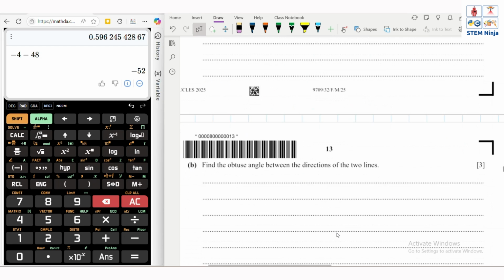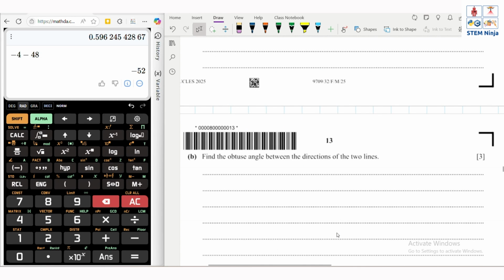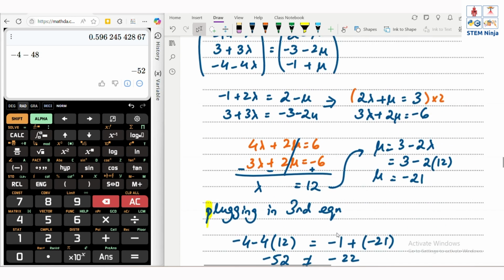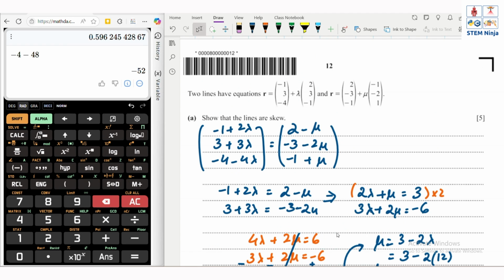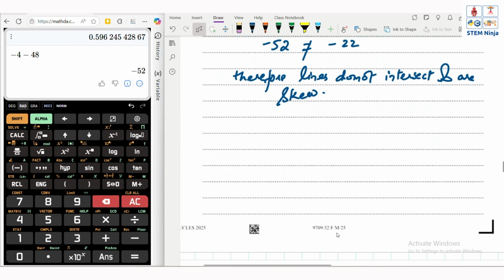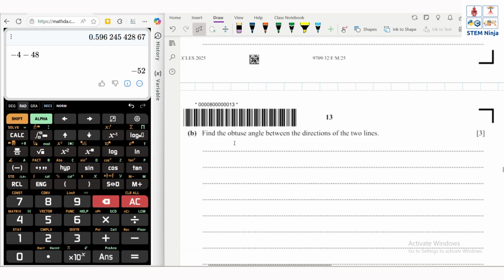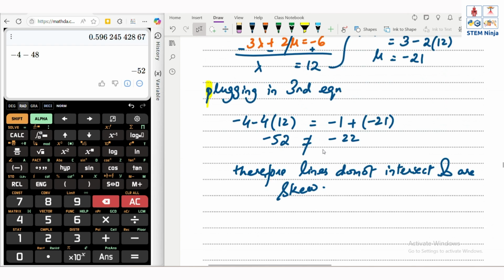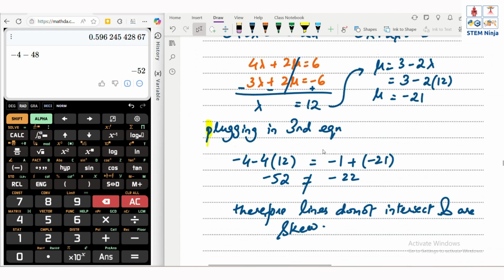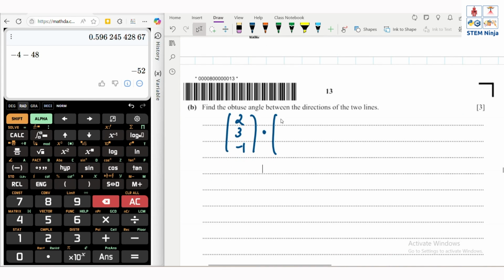All right. Find the obtuse angle between the directions of the two lines. Okay. So (2, 3, minus 1) dot product with (minus 1, minus 2, 1). So basically we are taking the dot product, or the scalar product, over here.